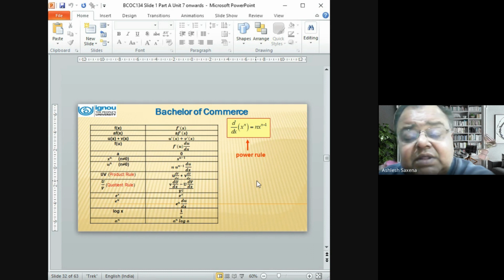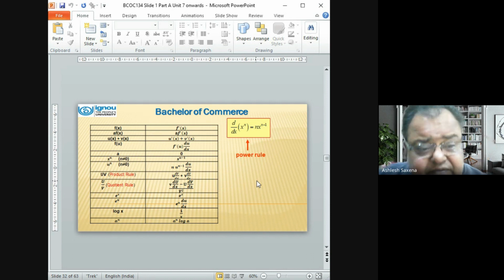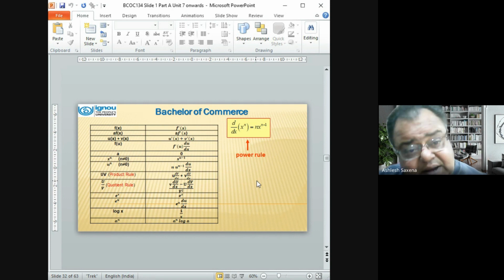If we have a problem in the form u by v, then we have to apply the quotient rule. That is the square of the denominator below, and in the numerator you get the denominator into derivative of numerator minus numerator into derivative of denominator.